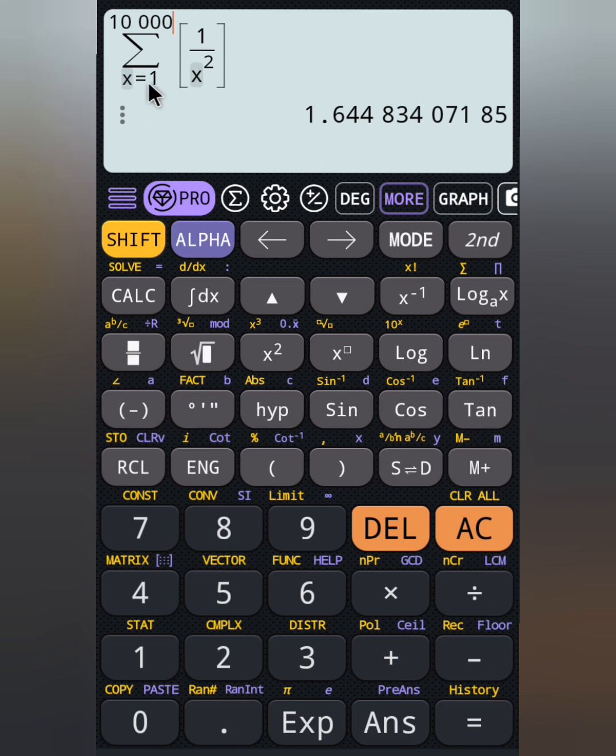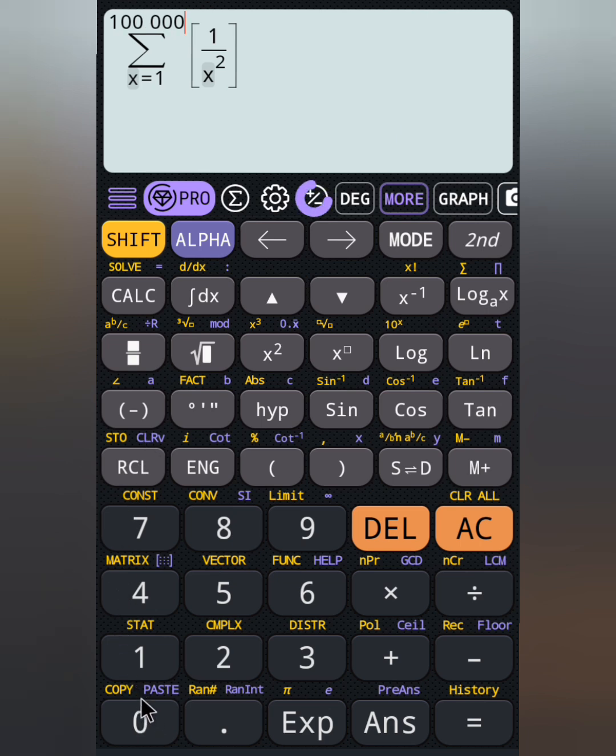So you see, as x is moving towards infinity, at the 10,000th term, the answer is still 1.6. Now let's add one more 0 to it and see what we'll get. Still 1.6.